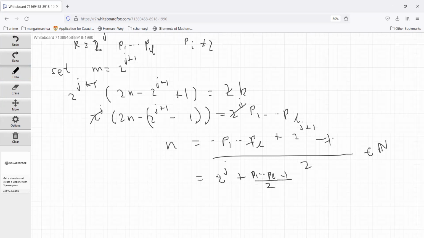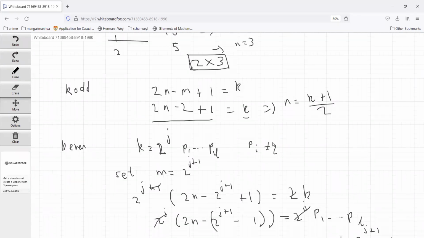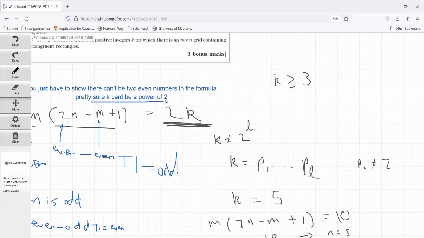And note that since j is greater than or equal to 1, this and p_1, at least one of these is greater than, sorry, not at least one. Every one of these is greater than or equal to 3, right? So this thing here was greater than or equal to 3 minus 1 over 2. So this whole thing is greater than or equal to 3. Which just means that it satisfies n being greater than or equal to 2.